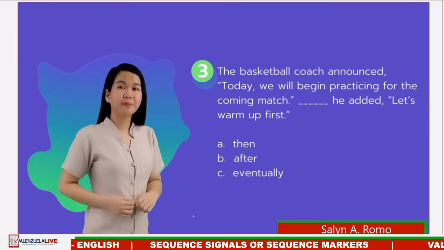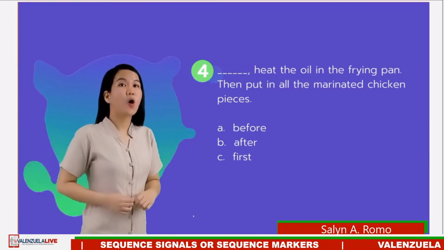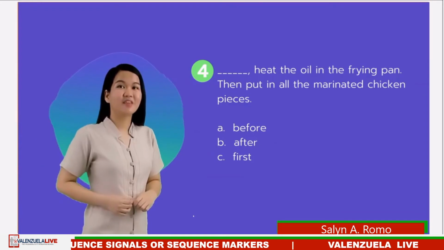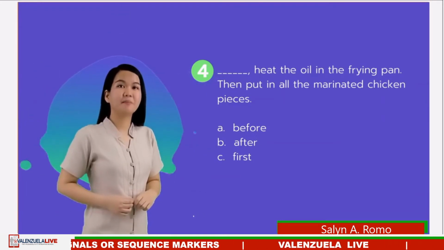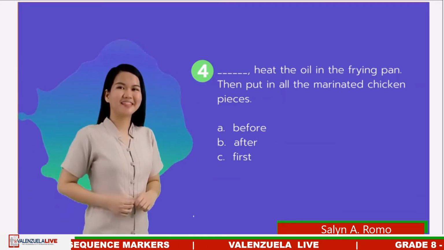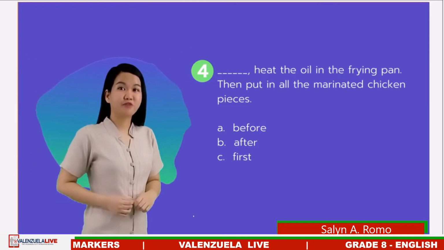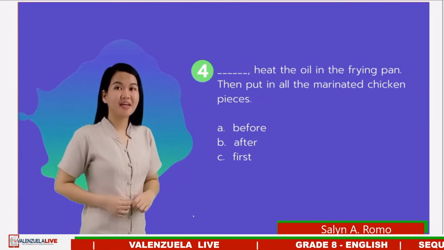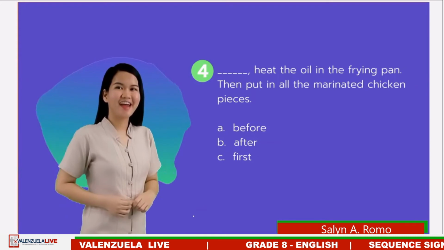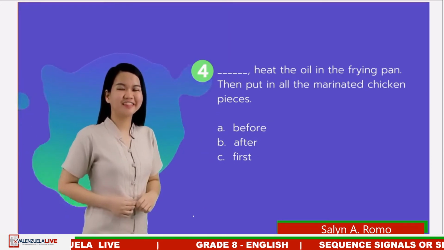Number 4, blank, heat the oil in the frying pan. Then, put in all the marinated chicken pieces. A, before, B, after, and C, first.